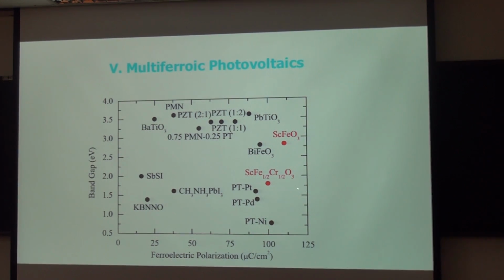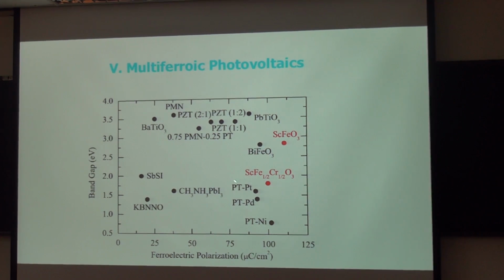And in fact, in our recent work, we have identified a novel material, a calcium iron chromium double perovskite oxide. In this class of ferroelectric photovoltaic materials, the larger the ferroelectric polarization, the better the system. In addition, we should have a reasonable optimum band gap, like silicon, around 1.4.